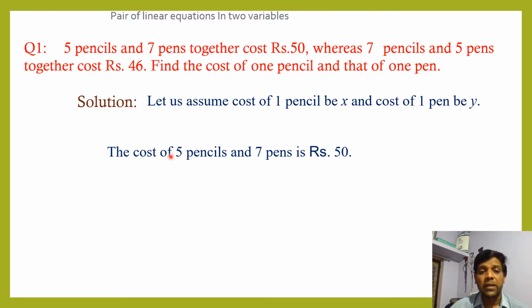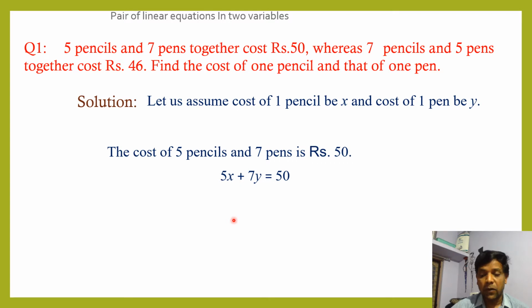The cost of 1 pencil is x rupees, so the cost of 5 pencils is 5x rupees, plus the cost of 1 pen is y rupees, so 7 pens is 7y, equal to 50. So in equation form, 5x plus 7y equals 50.